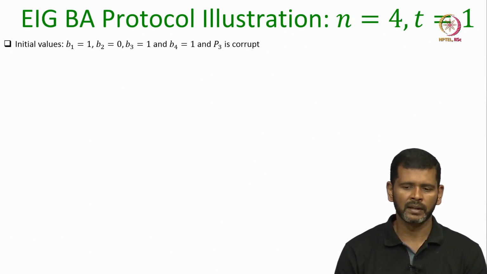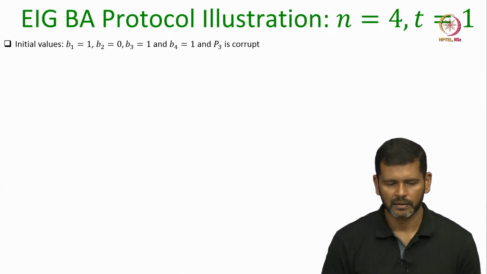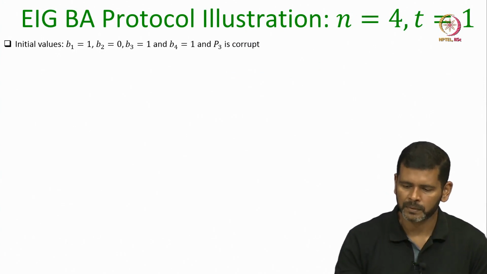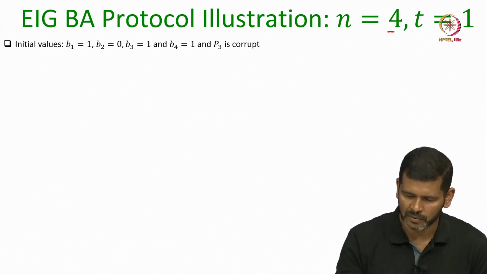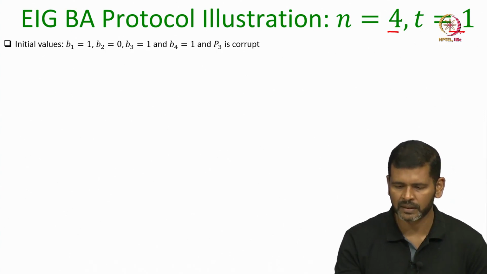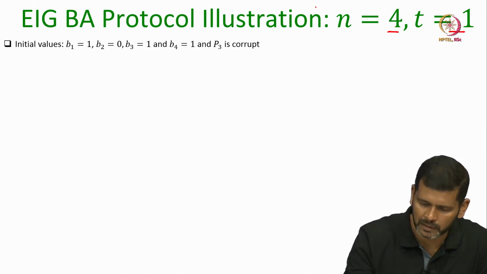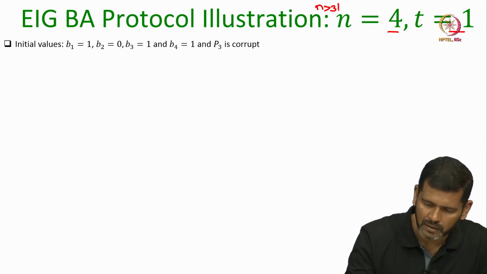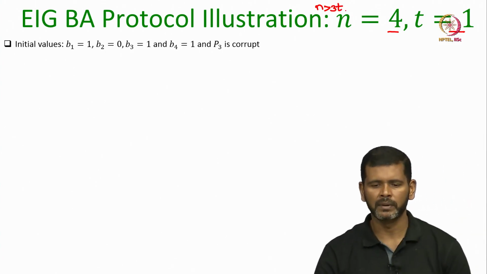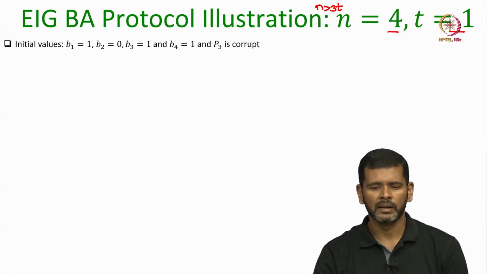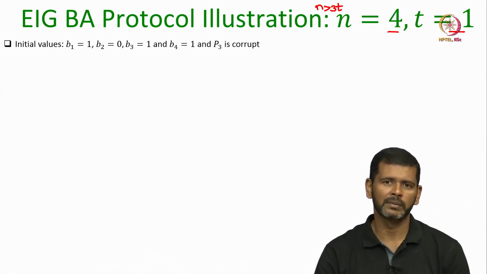Now let us see an illustration to make it simpler. For the purpose of illustration, I am taking n to be 4 and t to be 1. Why are we taking these specific values? Because, as I told earlier, in order for the protocol to achieve the properties, n and t must satisfy the relationship that n should be strictly greater than 3t.